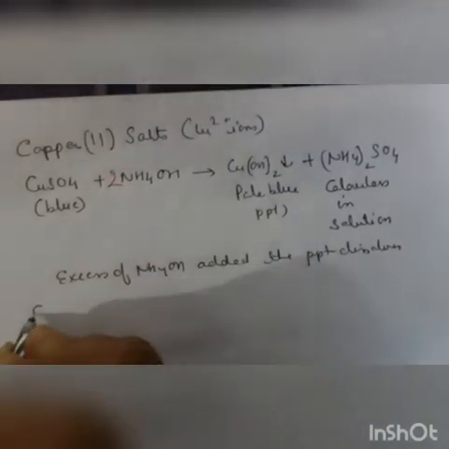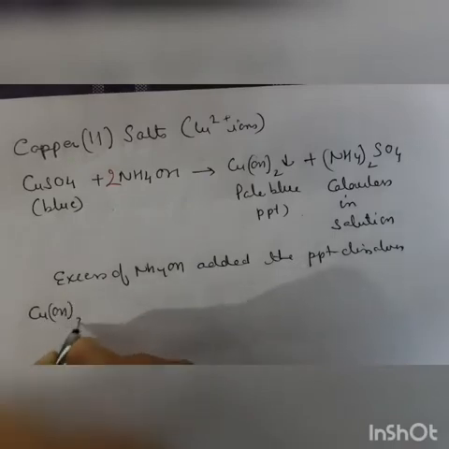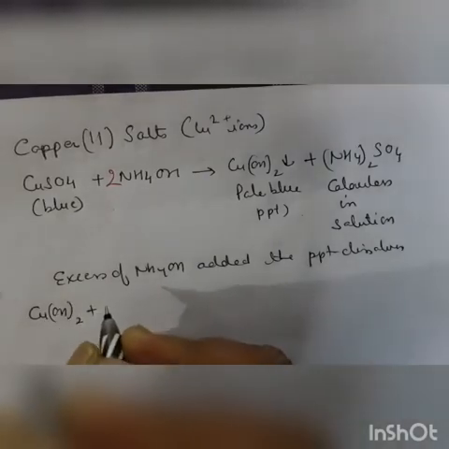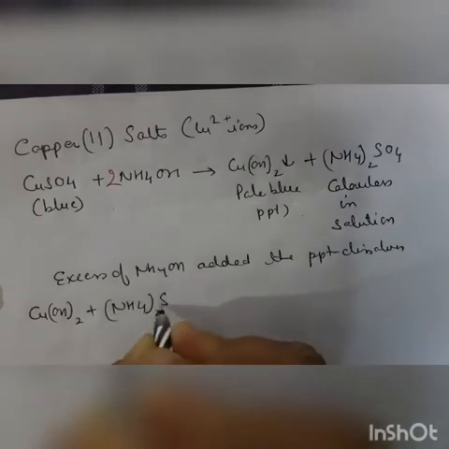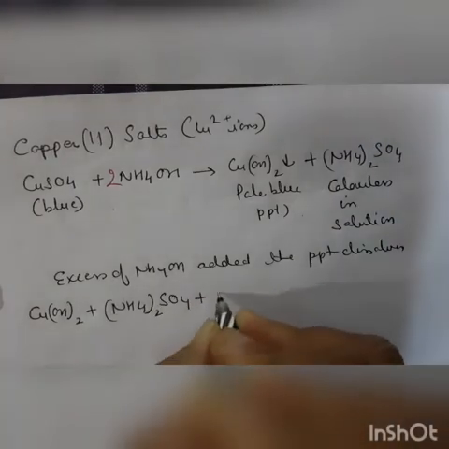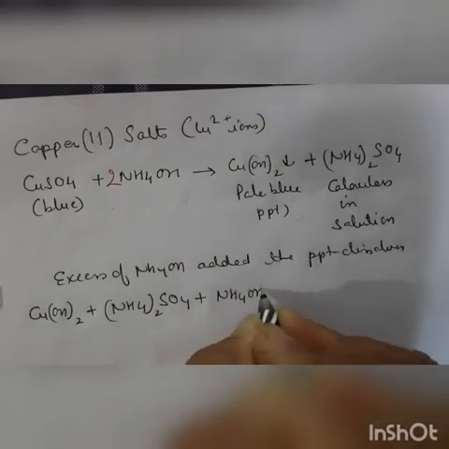Now here we have taken copper hydroxide, which is pale blue, ammonium sulfate and ammonium hydroxide.